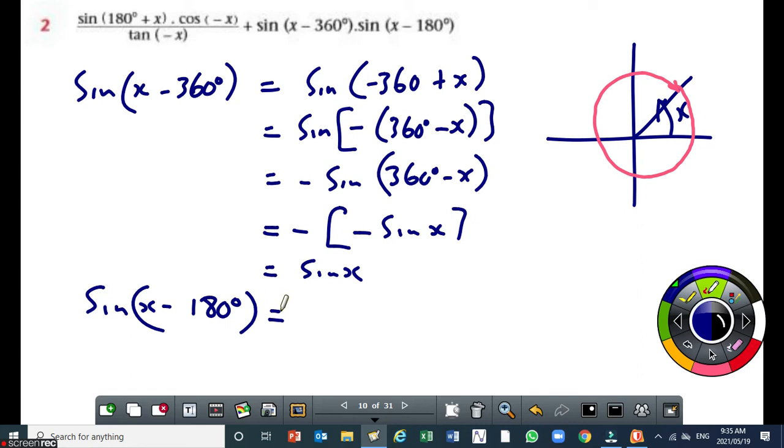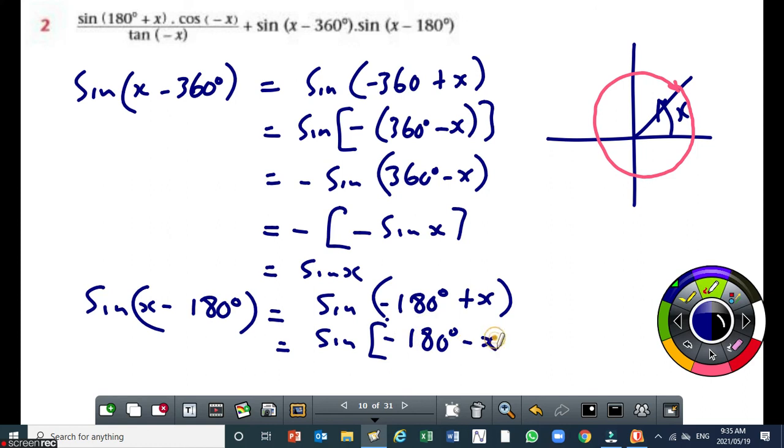But let's prove that this is equal to minus sine x. This is the same as saying sine of minus 180 degrees plus x. And this is the same as saying sine, open square bracket, minus 180 degrees minus x, close bracket, like this.